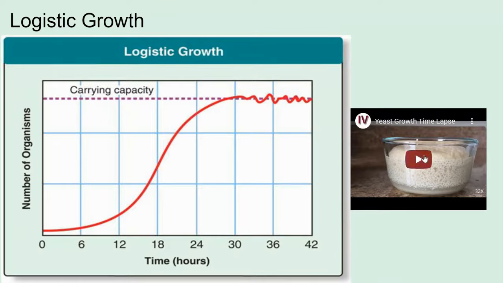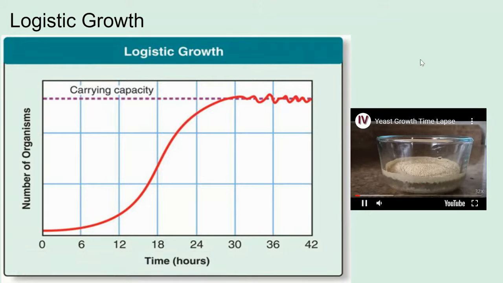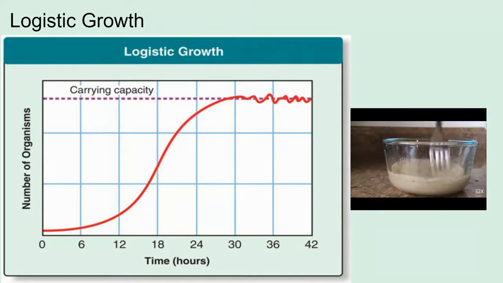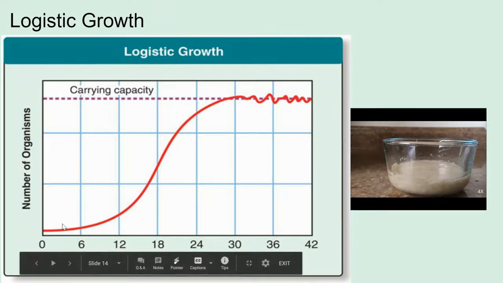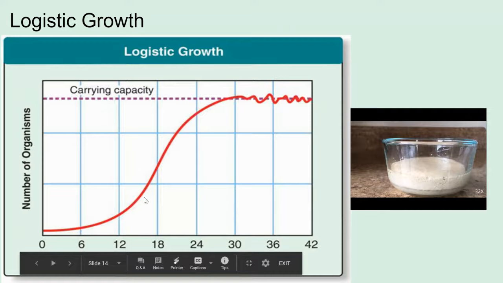Here's an example of some logistic growth that you can see in a yeast sample. So right now it's at the steady state at the beginning. All right, the yeast is starting to grow exponentially.